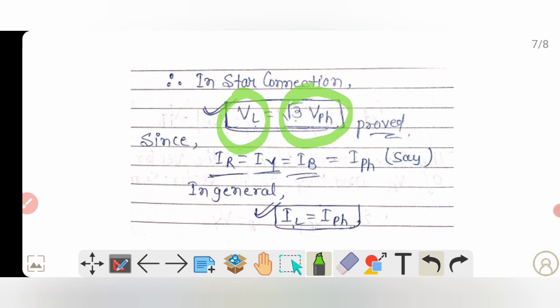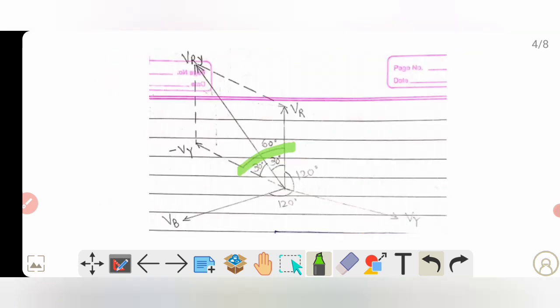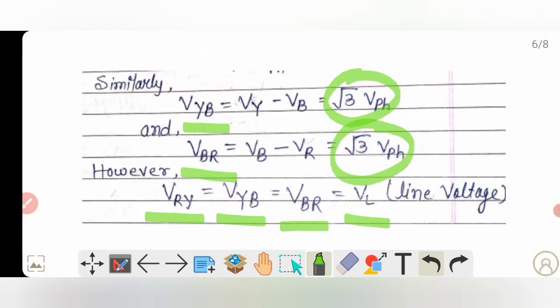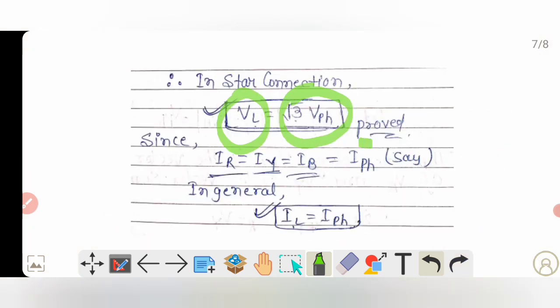If we want to talk about the phase current, in this diagram, this one is IR, the current flowing through line R, this one is IY, and the current flowing through the B terminal is IB. All these, IR equal to IY equal to IB, are equal to the phase current.